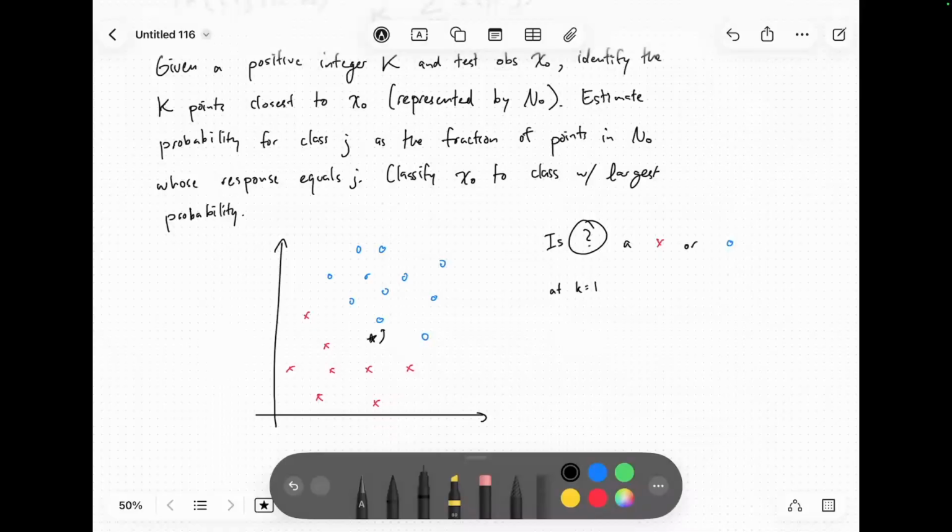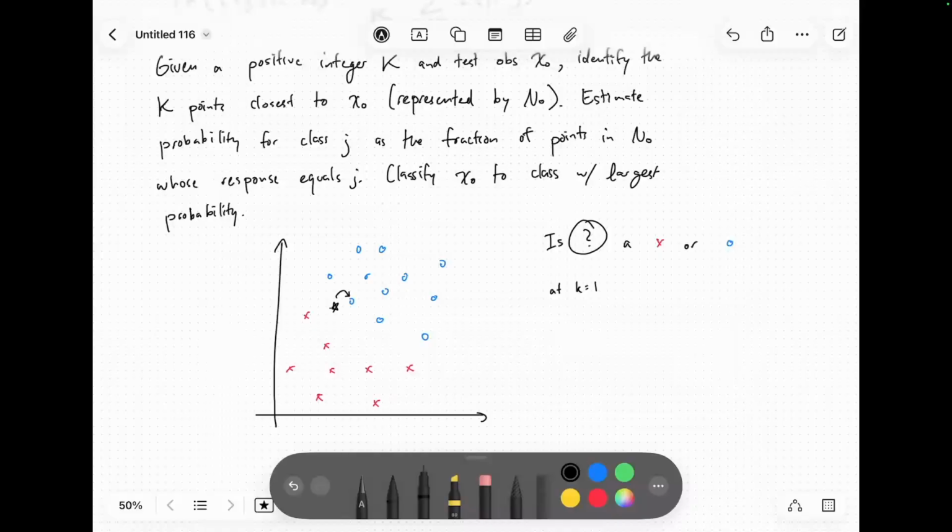And so, actually, I'm going to move this to be a little bit more interesting. We'll do over here. So this point is closest to a blue one. And so when k equals 1, it means only look at the nearest neighbor to you.